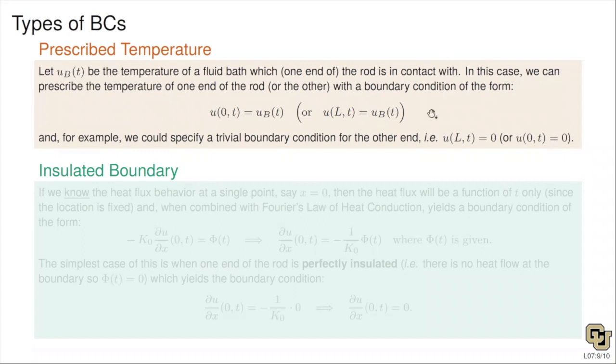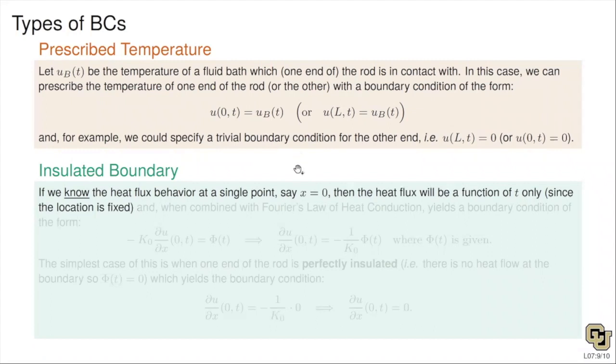So yeah, for the insulated boundary, this is if we know the heat flux at a point. Okay, the heat flux capital Phi. So here we're specifying that we know how energy is entering or leaving the rod at one of the ends. And so how do we get a boundary condition out of this?